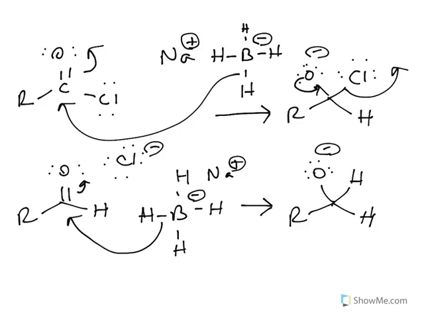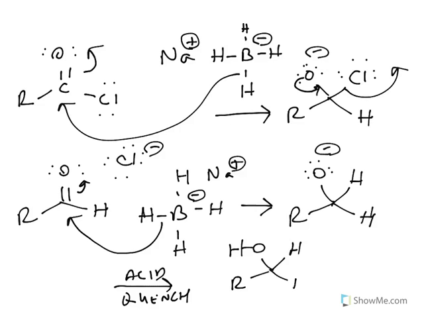So this is where it stops, and that's when we come in with the acid quench to protonate our negatively charged intermediate to give us our neutral organic product. So here is our alcohol. That is how we end up reducing an acid chloride all the way down to an alcohol using sodium borohydride. All right. Another reaction I want to show is going to be the reduction of esters.